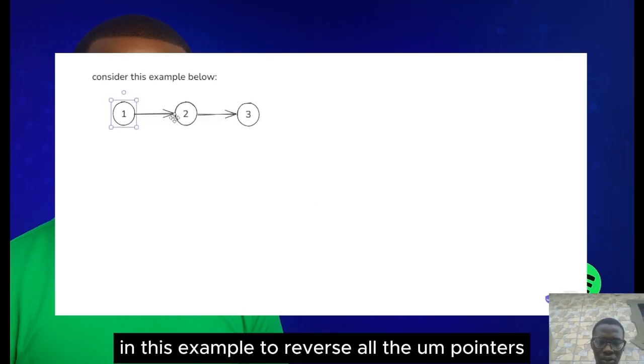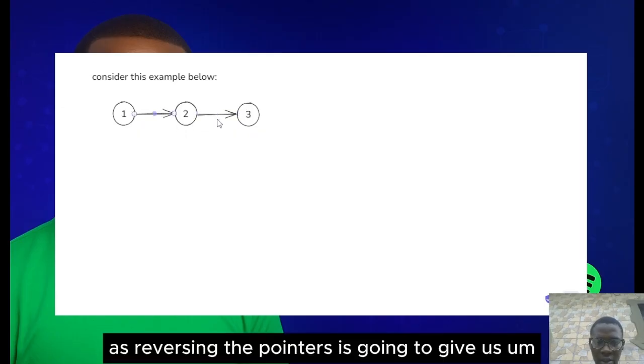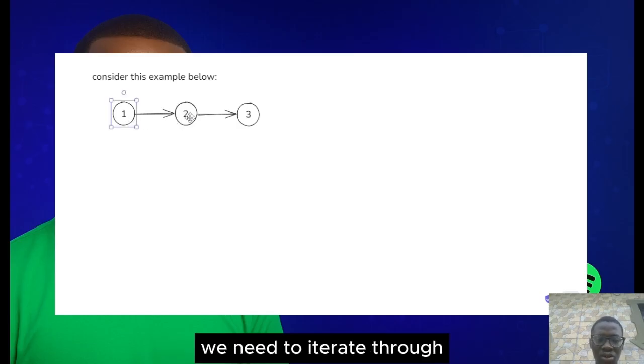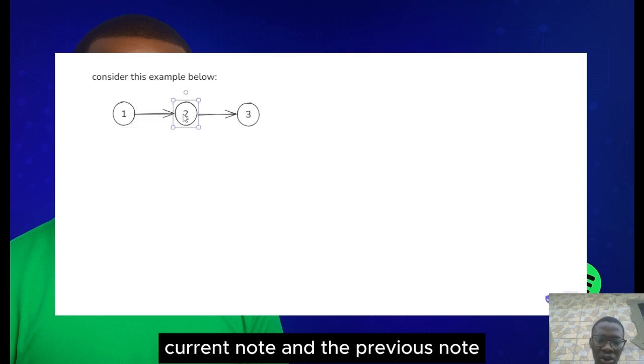In this example, to reverse all the pointers, as reversing the pointers is going to give us a reversed linked list, we will need to iterate through the nodes in this linked list, and in each step we are going to get the current node and the previous node.